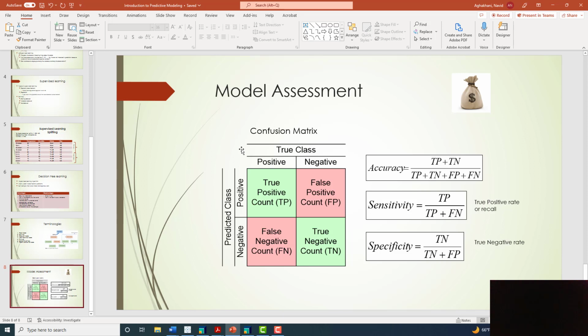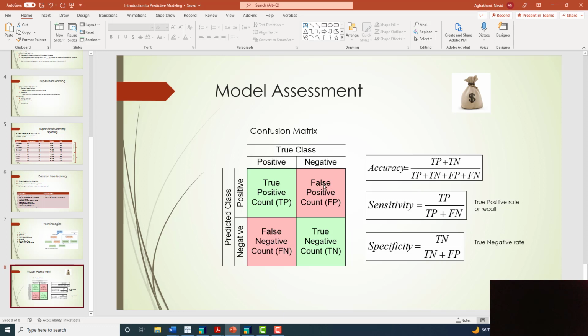In this confusion matrix, we have the true class values, that means whether it is yes or whether it is no, and we have the predicted values of our model as well. Based on those values, we are going to have 4 different classes. True positive count means our model predicted correctly and it is in line with the positive value of the outcome variable.